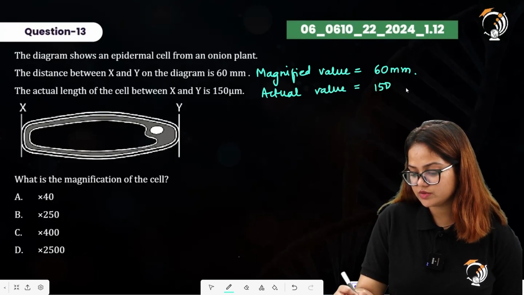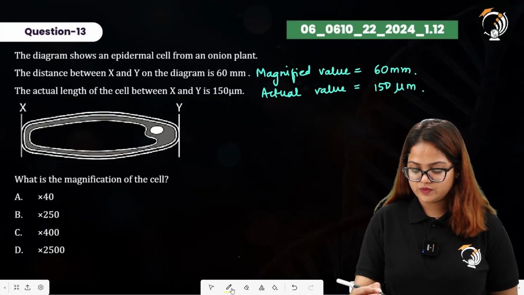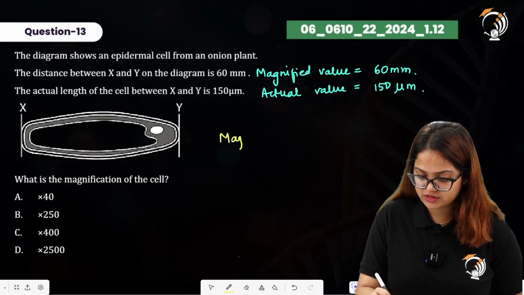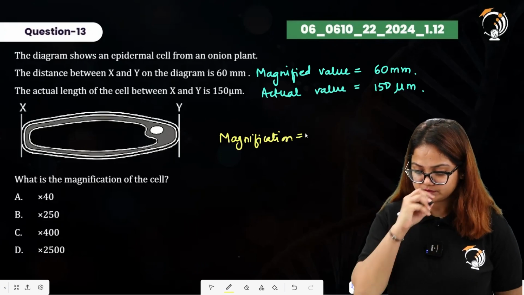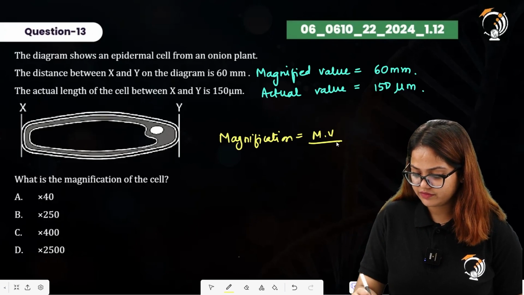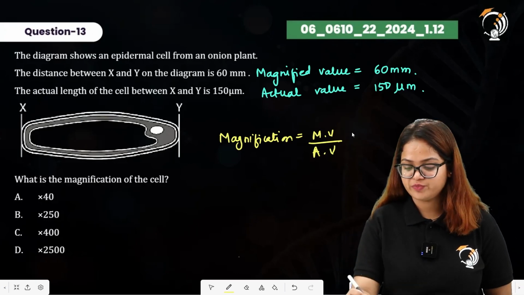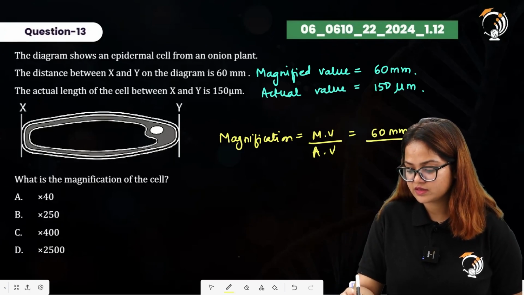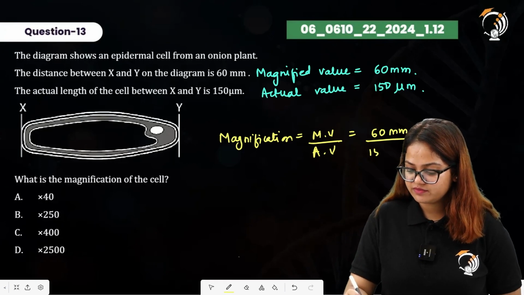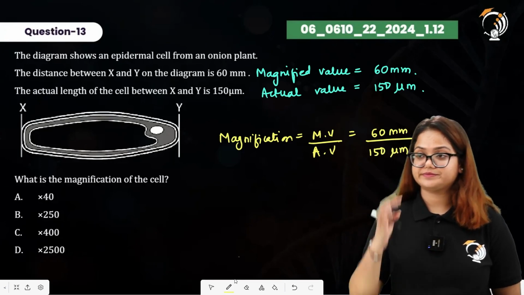Now you need to convert the units. Let us just focus on how we solve this question. Magnification is magnified value divided by actual value, or you can say original value. Magnified value is 60 millimeter. Actual value is 150 micrometer.